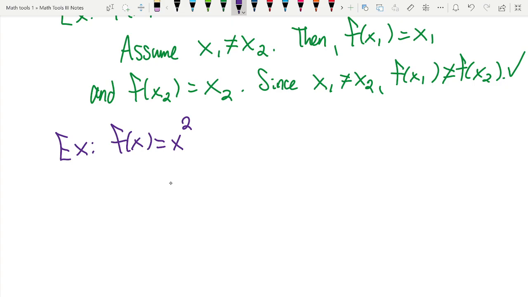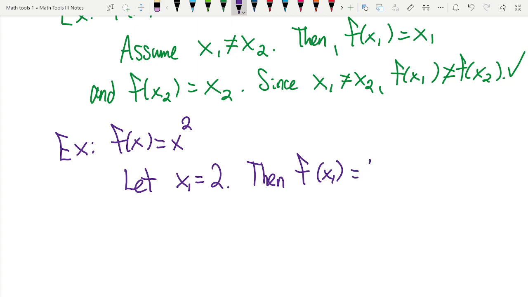Here you can do it a little generally, but you don't need to. You can just say, well, let x1 equal 2. Then f of x1 equals 4. Let x2 equal negative 2.